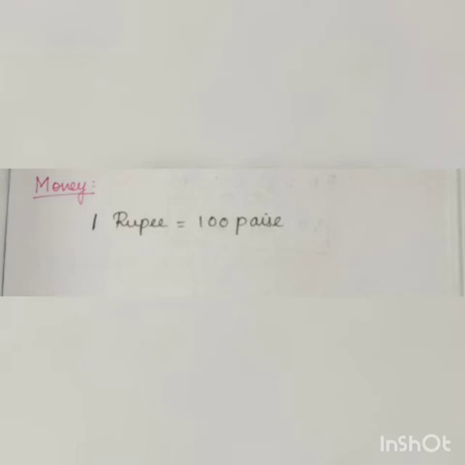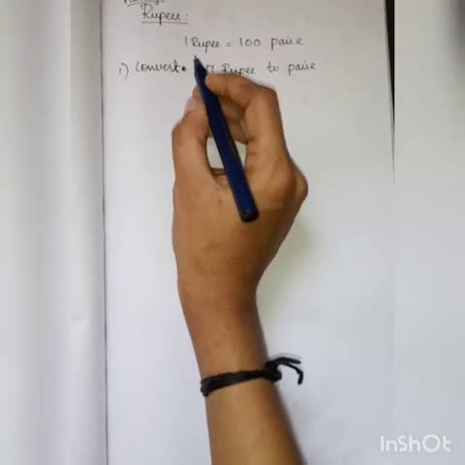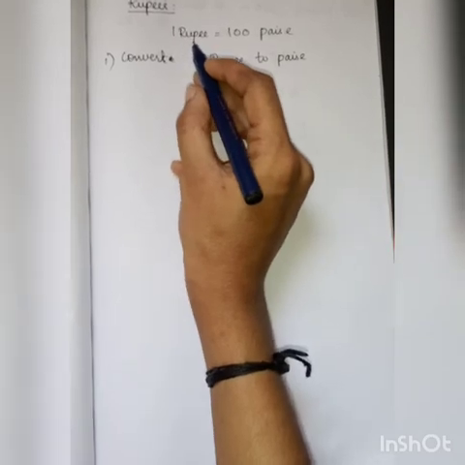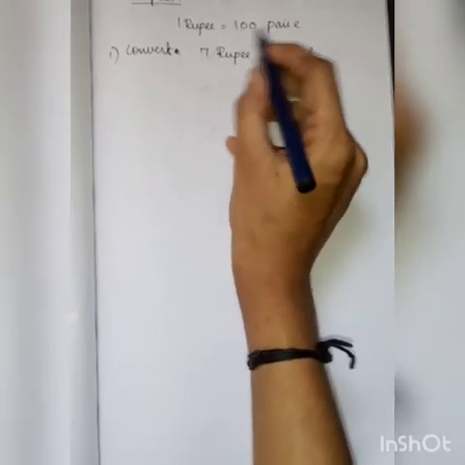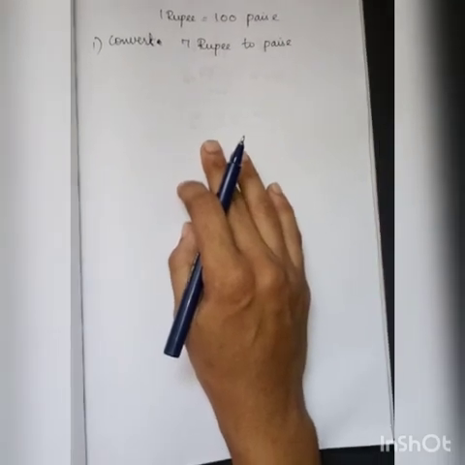The next topic is about money. Money we are mainly dealing with every day in our life, right? So the first basic point to remember about money is 1 rupee equal to 100 pies. Always 1 rupee equal to 100 pies. Here we are going to deal with money. You should keep only one formula in your mind, which is 1 rupee equal to 100 pies. So here we are going to convert 7 rupees to pies.